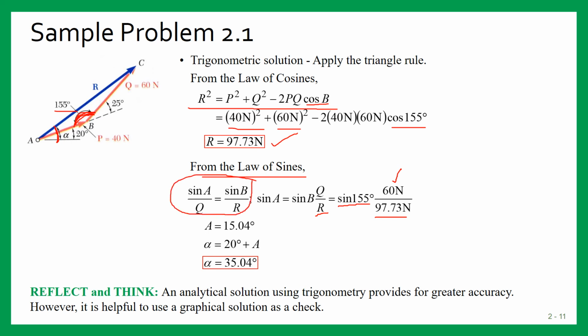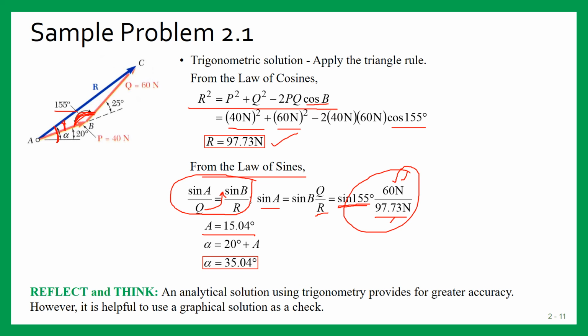From this equation, you can calculate sine A. Sine A will be equal to Q by R into sine B. Sine B you can calculate, Q you know, R you have calculated. So simply solve this equation and you will get A equal to 15.04 degrees, meaning this angle.